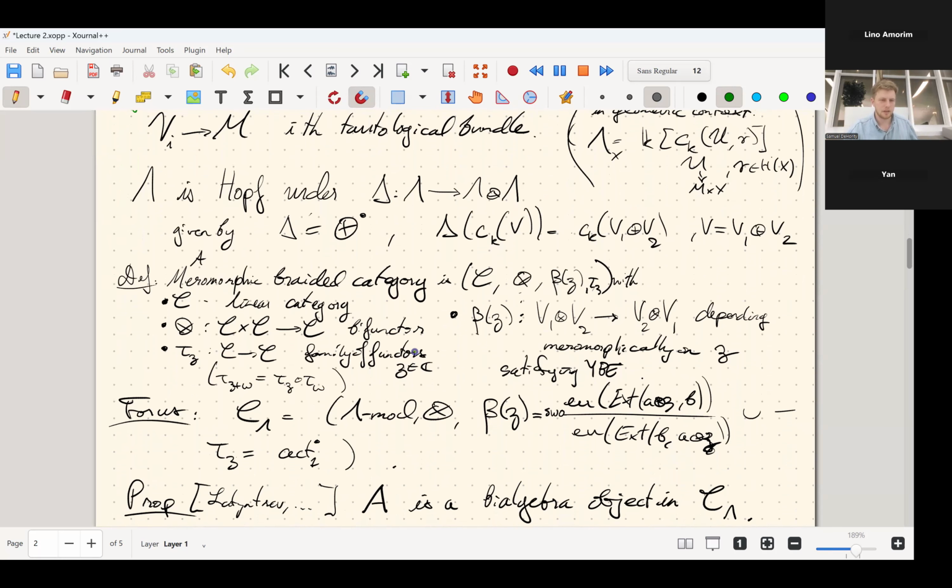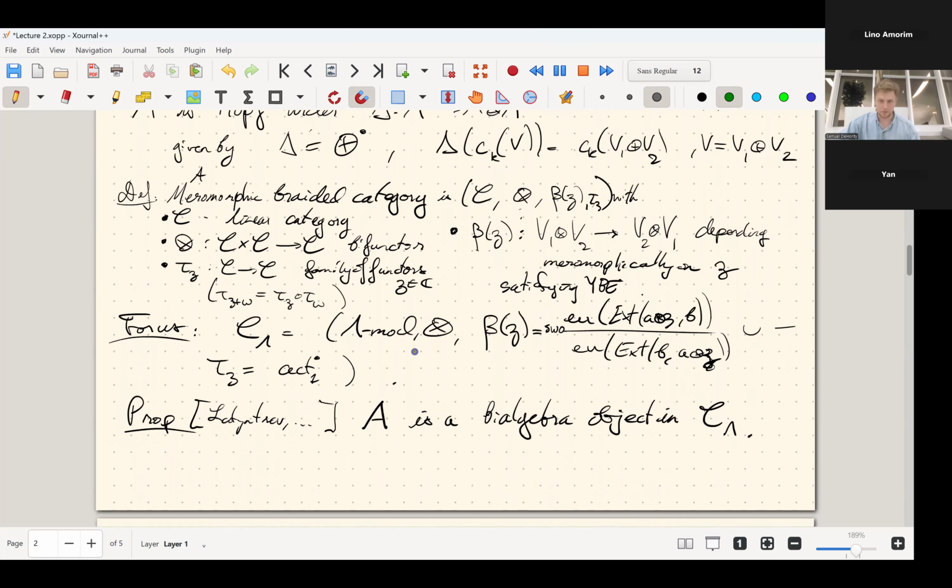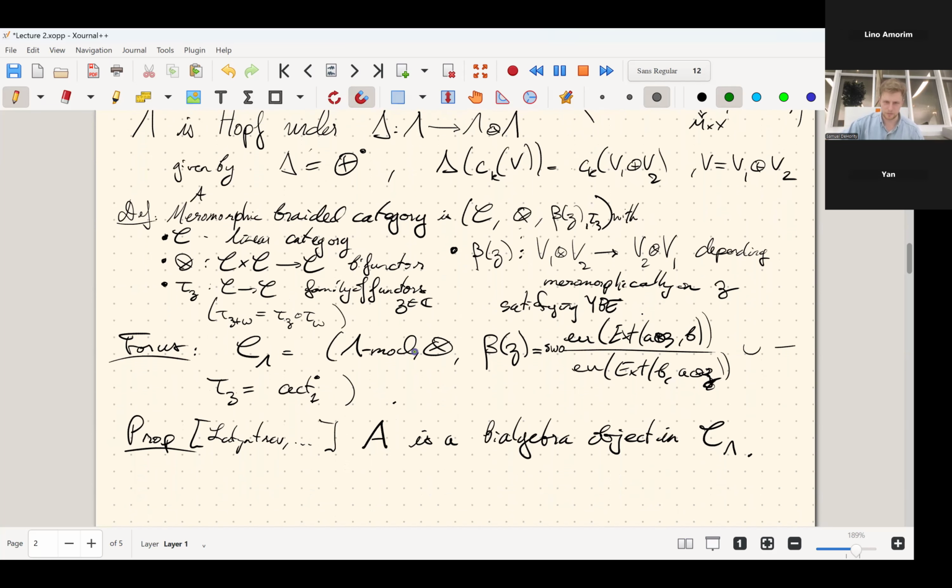So if we pull back our tautological classes under taking the direct sum, the kth Chern class of a bundle V, if that bundle V is the direct sum of two other bundles, we express just in terms of the formula for the Chern class of a direct sum, namely it is the product of the total Chern roots, and you expand the relevant coefficients in terms of the Chern roots of the individual bundles.